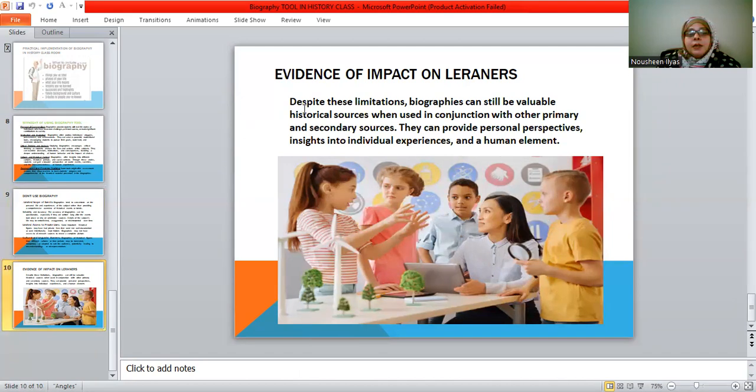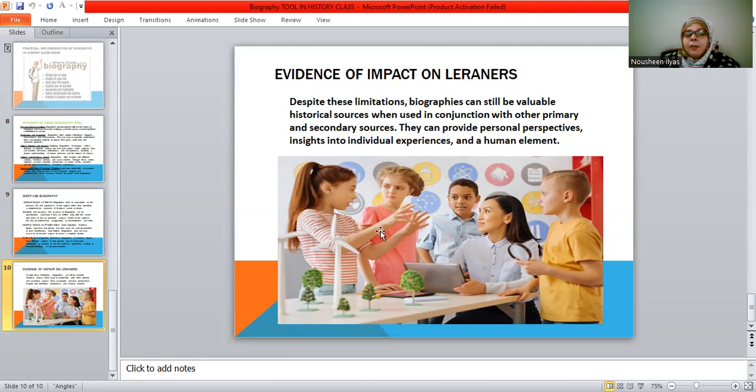So, despite these limitations, biographies can still be a valuable historical source when used in conjunction with other primary and secondary sources. They can provide personal perspective, insight into individual experience, and a human element, because it is used in conjunction with not only primary and secondary resources, but different personal perspectives and different individuals' experiences.